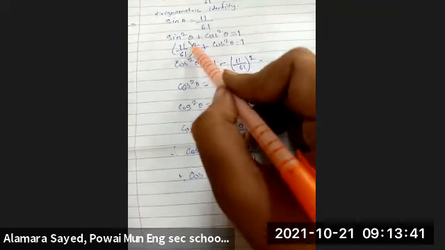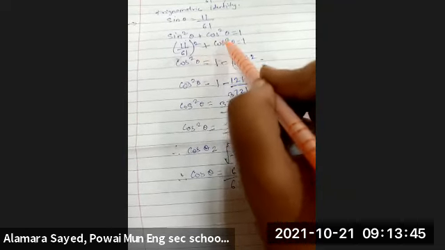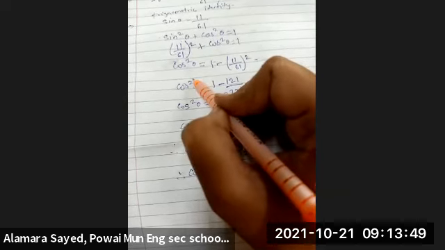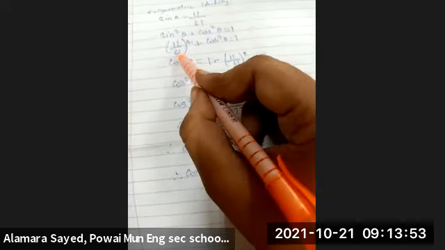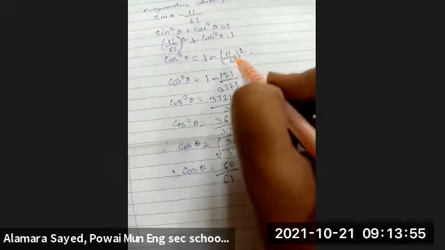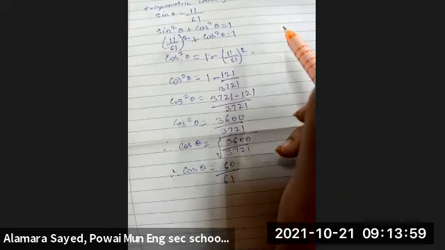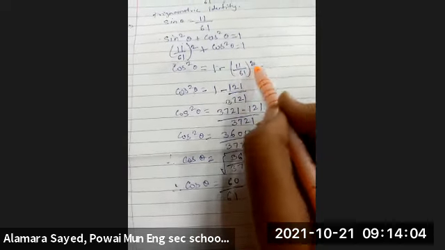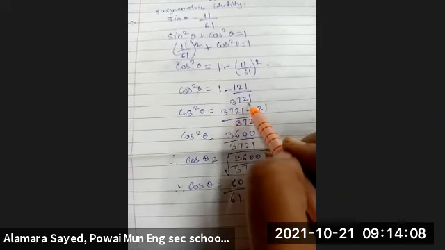So sin square theta is 11 upon 61 the whole square plus cos square theta is equal to 1. Cos square theta is equal to 1, and 11 upon 61 whole square will shift here and become minus 11 upon 61 the whole square. Cos square theta is equal to 1 minus, square of 11 is 121 and square of 61 is 3721.